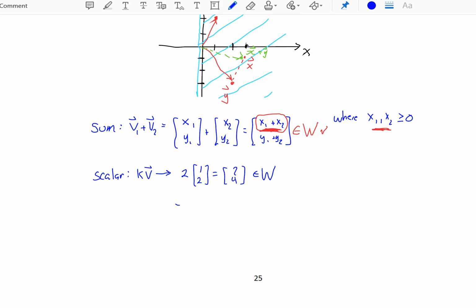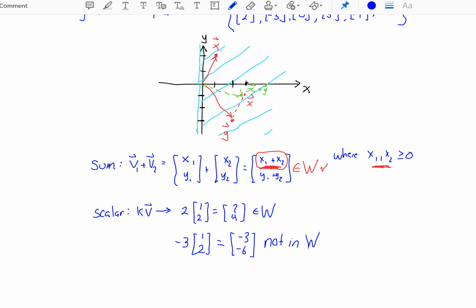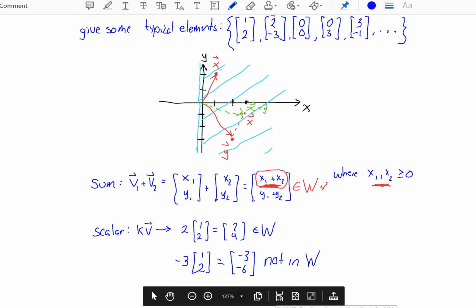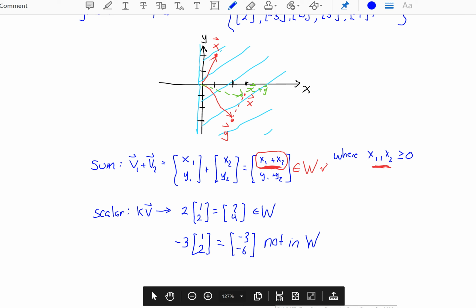What if you did -3 of vector 1, 2? Then this would now be the vector -3, -6. And this is not in W. Because remember, to be in W, we had to have that x be greater than or equal to 0. And I just found a scaled multiple that's not in W anymore.